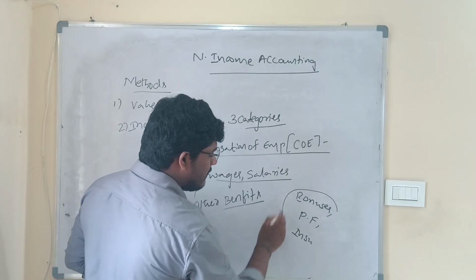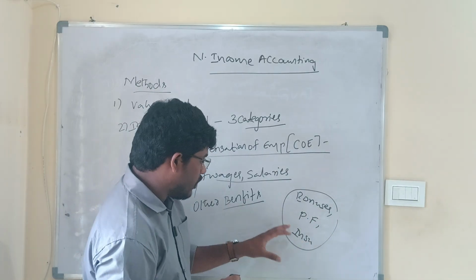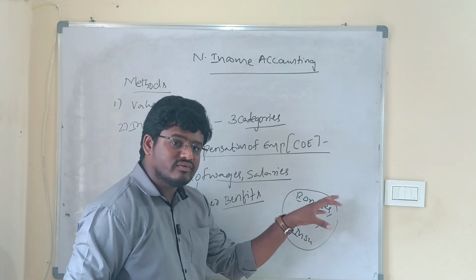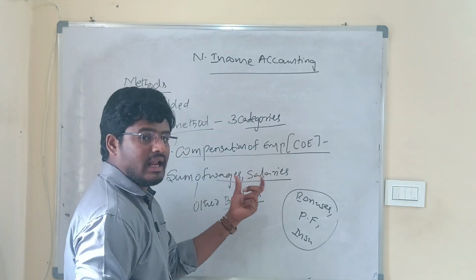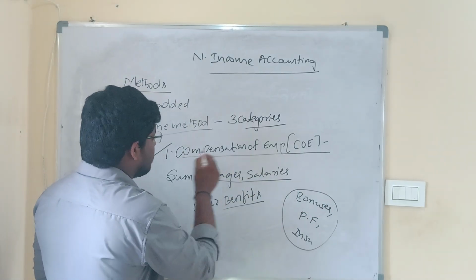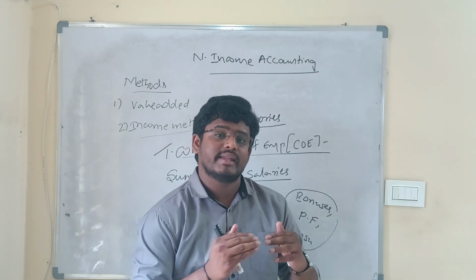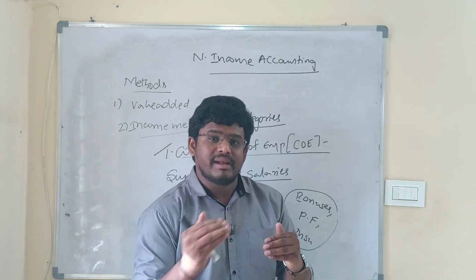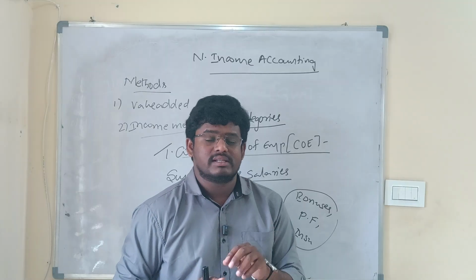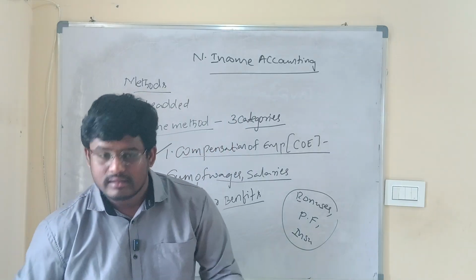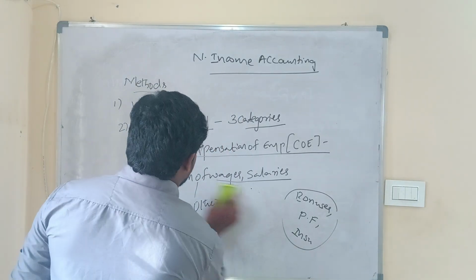There are many benefits which the employer provides to the employee, and when we add the monetary value of all these benefits along with the wages and salaries, then you get the compensation of employees. So compensation of employees is an extended form of wages and salaries. This is the point which we have to keep in mind.